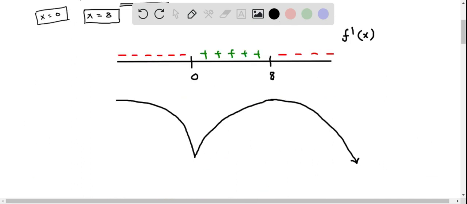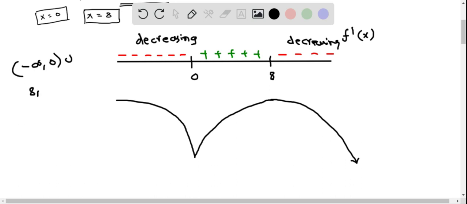Okay, here I have redrawn the graph of f of x after preparing the sign chart of f prime of x. We can see that whenever the first derivative is negative, the function is decreasing. So it is decreasing in the interval negative infinity to 0. Also, greater than 8, it is decreasing, so we put the union 8 to infinity.